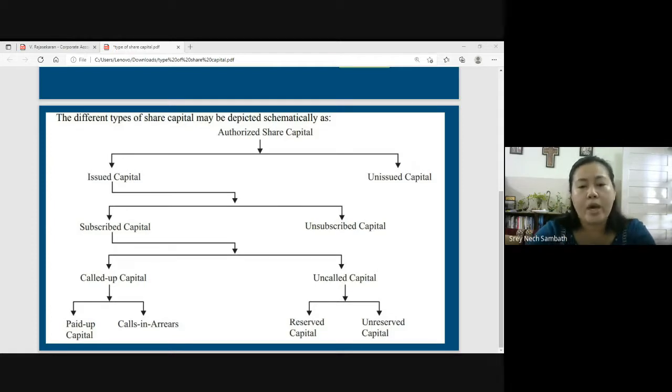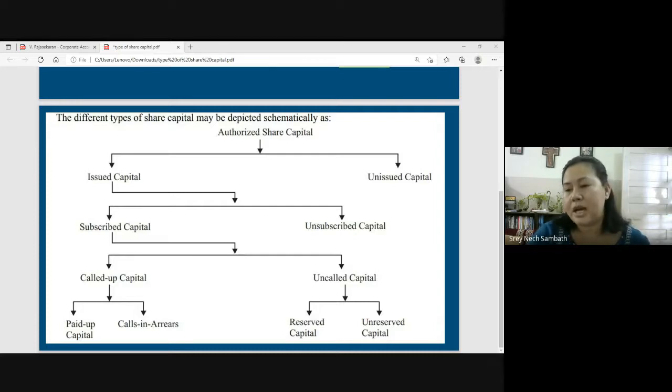Then the uncalled capital, the capital that has not been called for the people to actually pay up. Sometimes the company, by special resolution, meaning they come up with a special rule or resolution by the board of directors, decides to keep a certain portion of this uncalled capital till their liquidation.